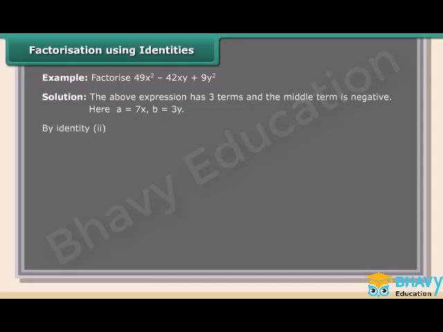By identity 2, 49x square minus 42xy plus 9y square is equal to 7x whole square minus 2 into 7x into 3y plus 3y whole square. 49x square minus 42xy plus 9y square is equal to 7x minus 3y whole square.